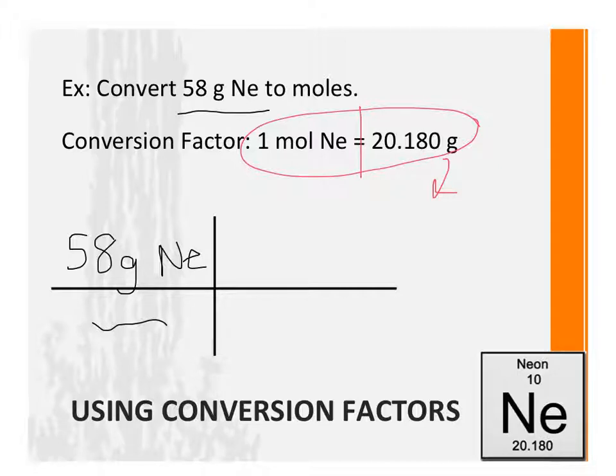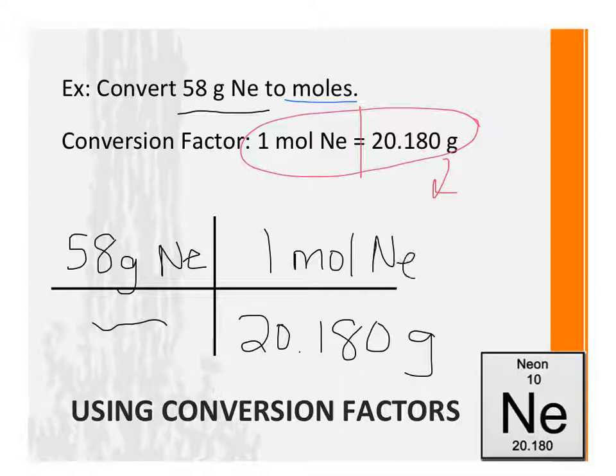Well, I know that I want my answer in moles, and I want to cancel out grams, so I'm going to write the molar mass so that grams cancels, and we're left with an answer in moles. So right now, you should see 58 grams of neon is going to be multiplied by the molar mass so that grams cancel, and you're left with an answer in moles.